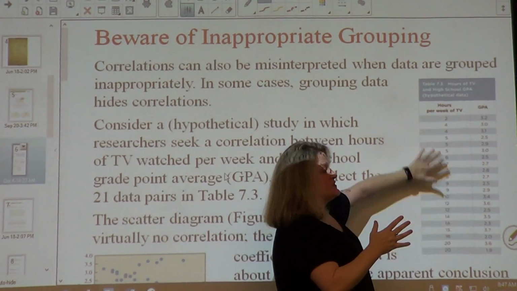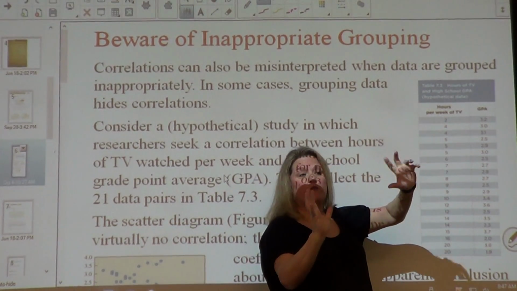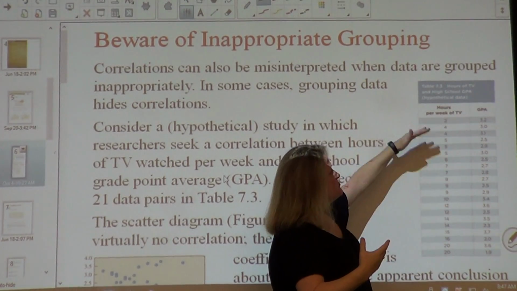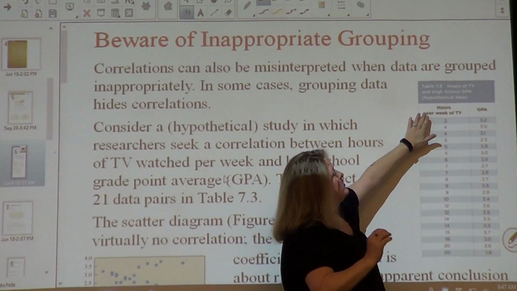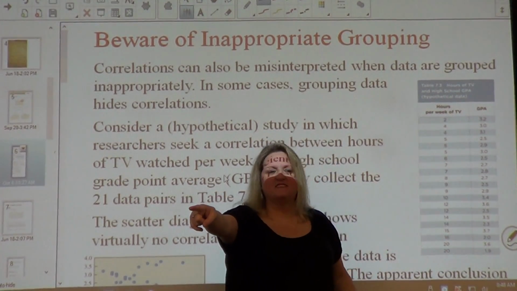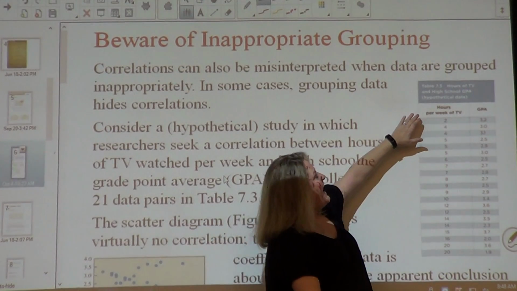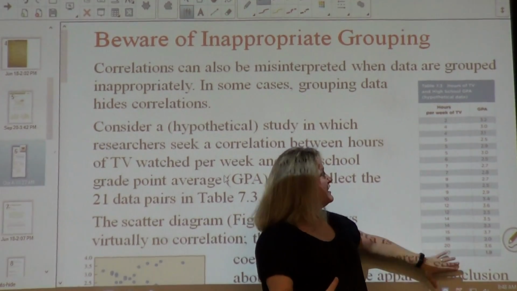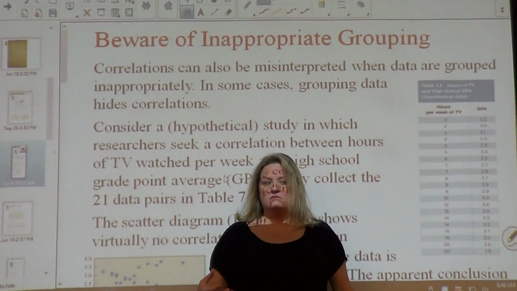All right, so for this one, it says that we pick the data correctly. We picked the good sampling, and this is what we were asking. We looked at high school students, and we said, cluster. It was gonna drive us crazy. How many hours of TV do we watch a week if we're a high school student, and what is our GPA?